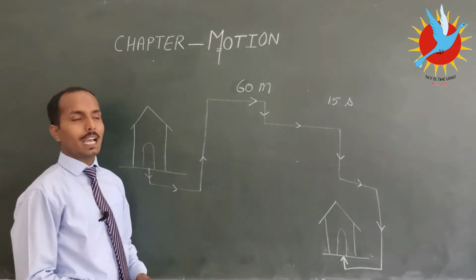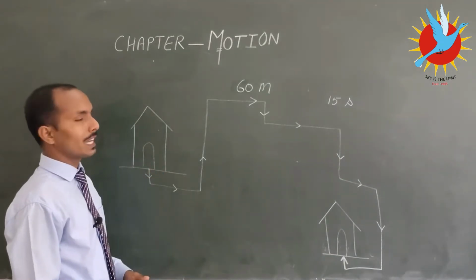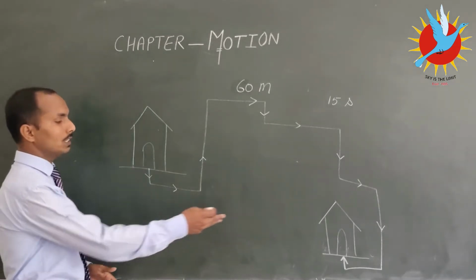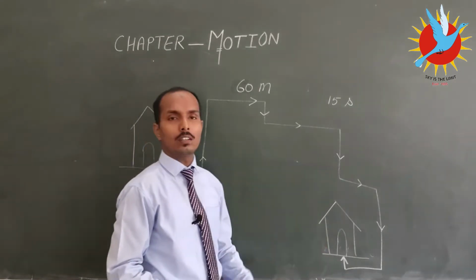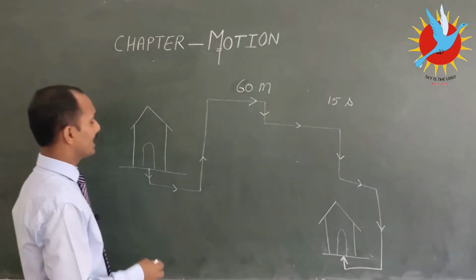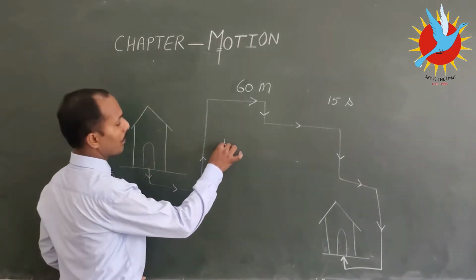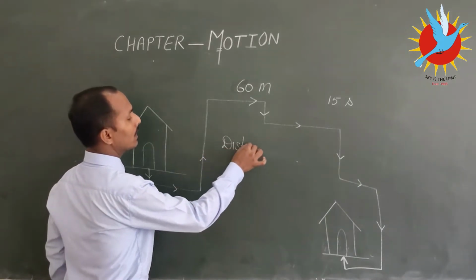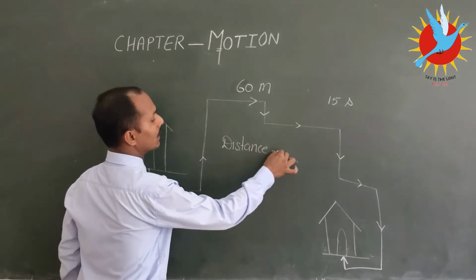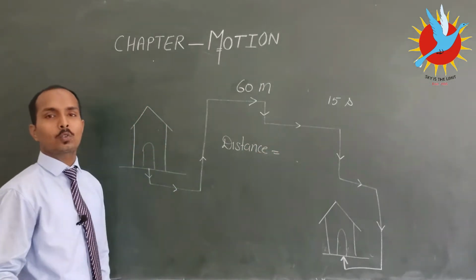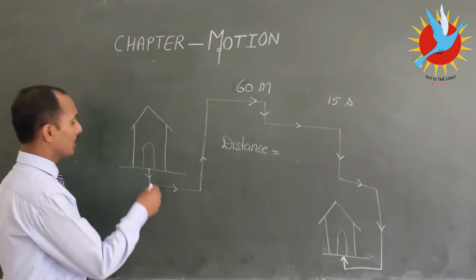Now the question is how much distance you cover to reach your friend's home. The first topic is distance. Distance is equal to the actual path covered by the body.